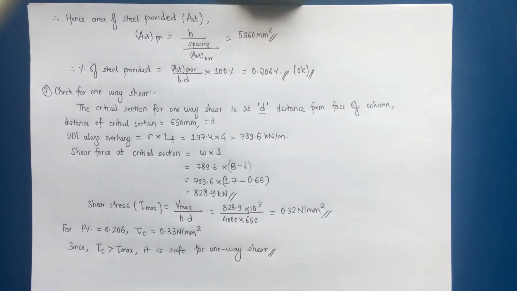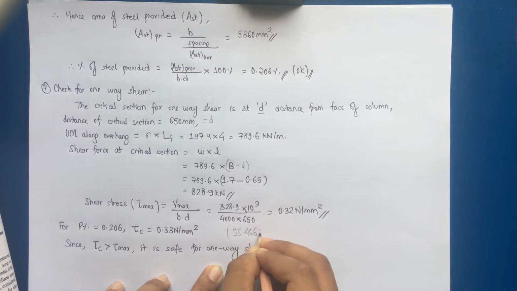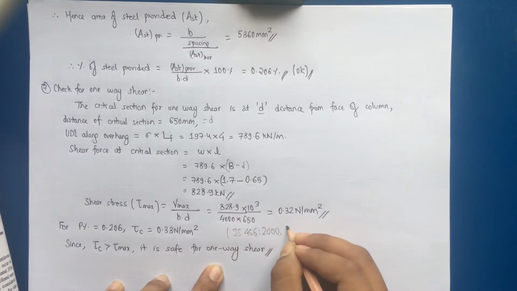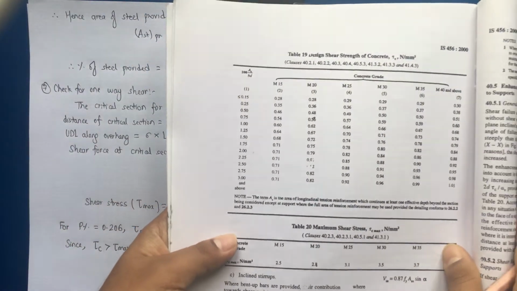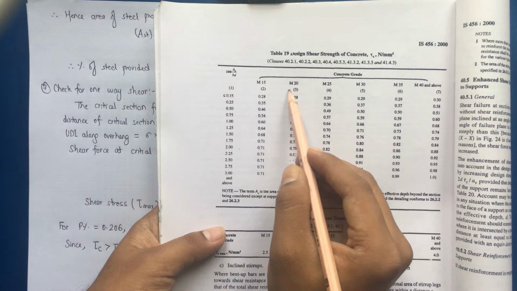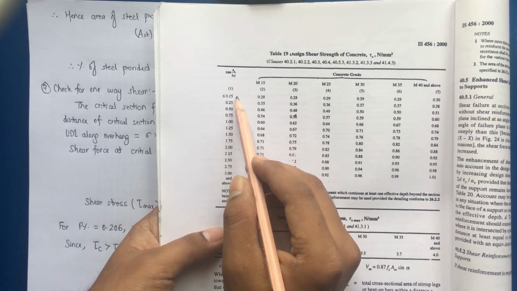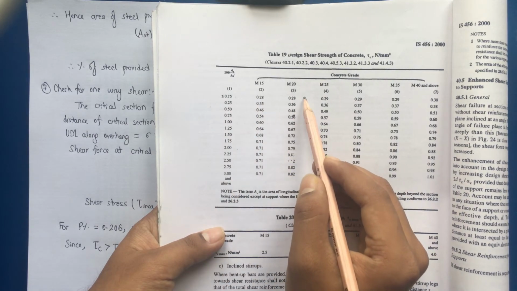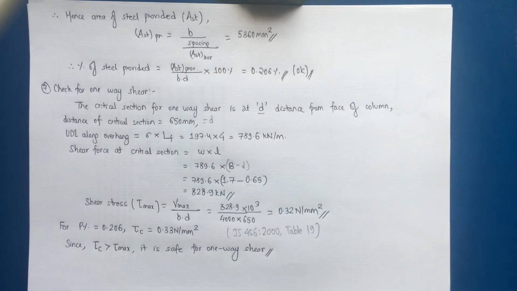Now we have to find the shear strength of the concrete considering the steel provided, and from IS 456 we have, for M20 grade of concrete and the percentage of steel 0.206, the value lies between 0.28 and 0.36, and by linear interpolation we can find it.